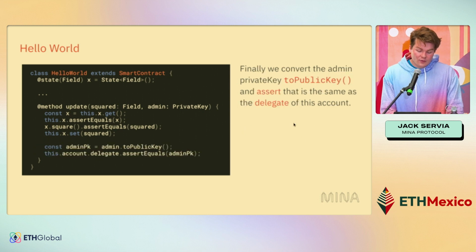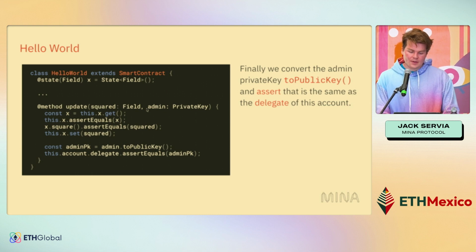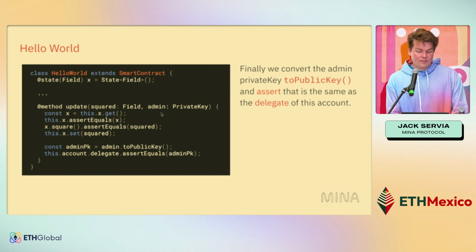Then we have one more thing to do, which is that we want to make sure that this can only be called by the person who has the private key associated with admin. So we take in the admin private key, which we pass in.